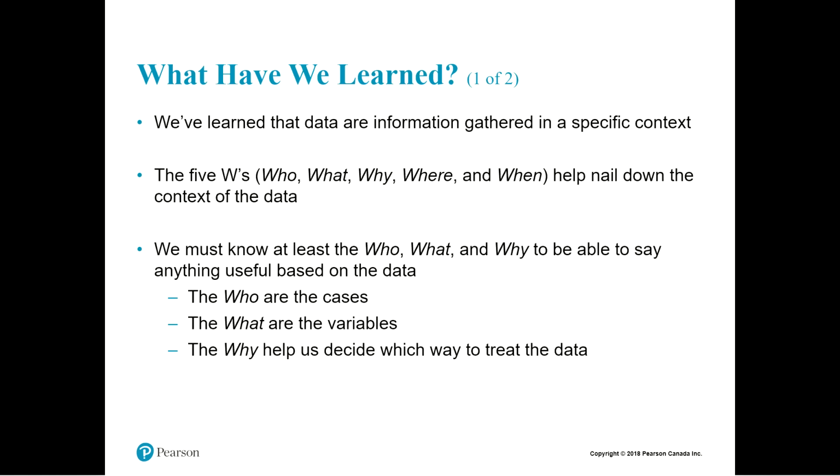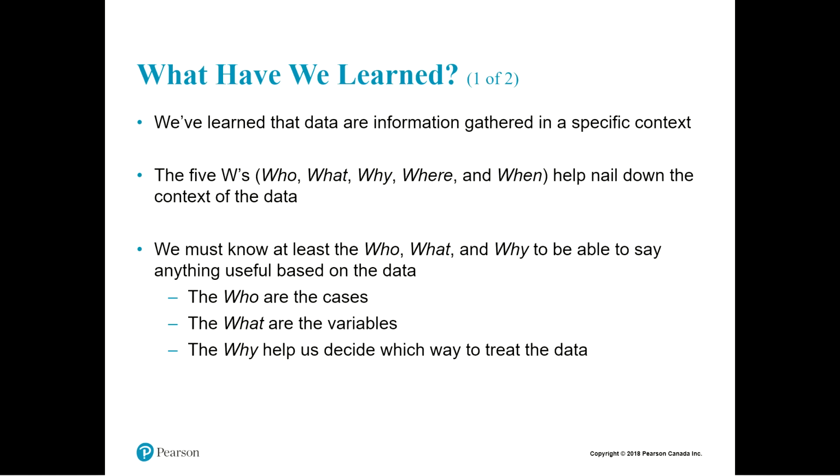The who are the cases, the what are the variables, and the why helps us decide which way to treat the data. Take into consideration the little exercise that you had to do, and in context, try to answer those types of questions to understand the actual information that you gather.